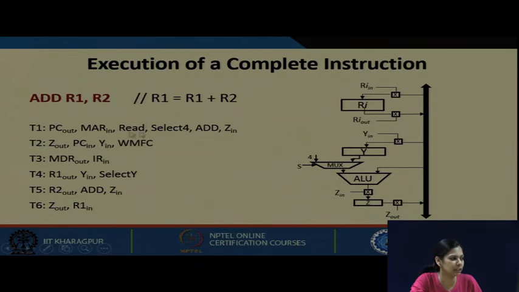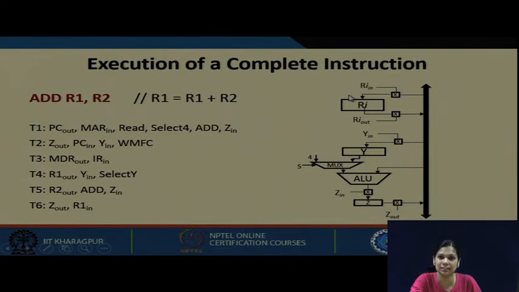So, in this step we are putting the value of the PC into MAR, activating the read control signal, and through select we are selecting 4 such that in the ALU one input is PC and the other is 4. Now we add, put it in Z, and next we do Z out and PC in.